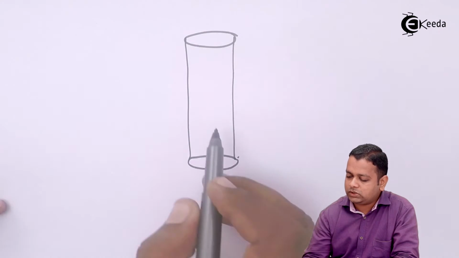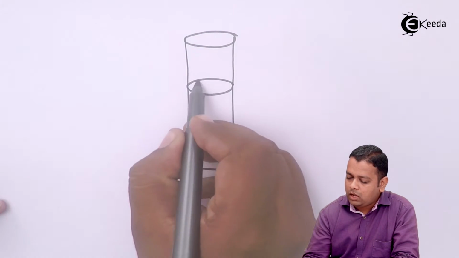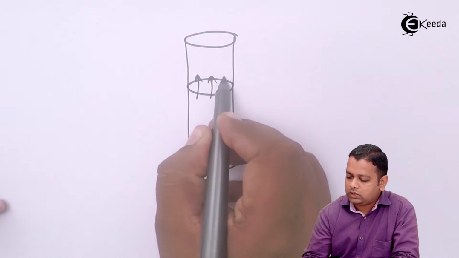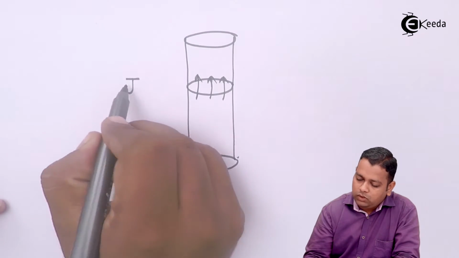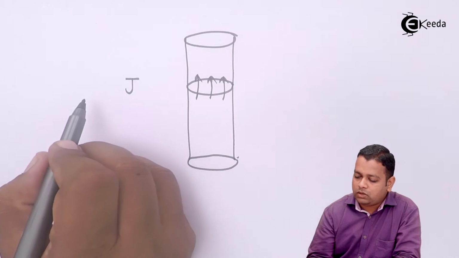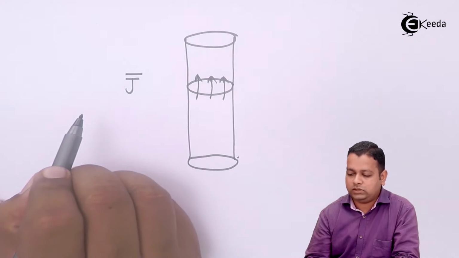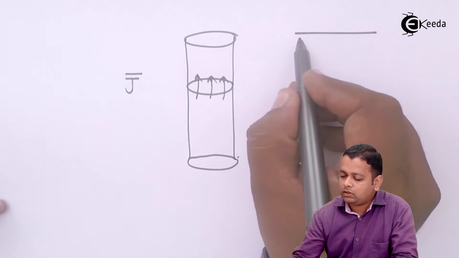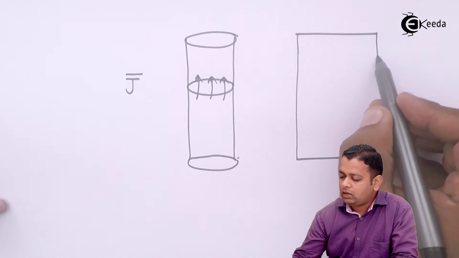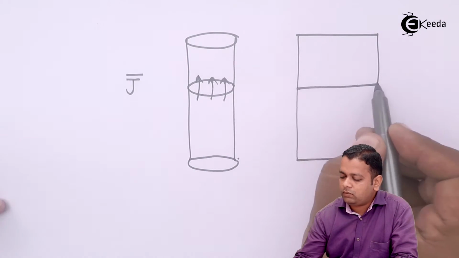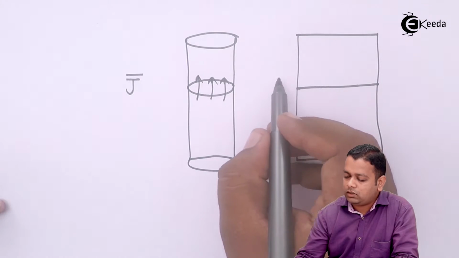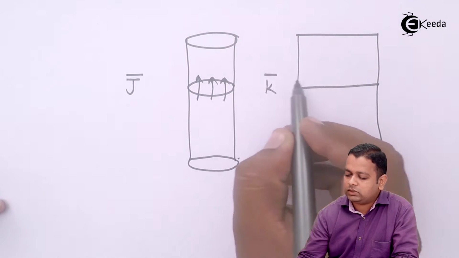If you take the cross section, through this cross section, how much current is passing? For that we have used the term current density, and it is a vector represented by J bar. If a sheet of current, that is surface current, is there, we used the term K bar to represent current density.